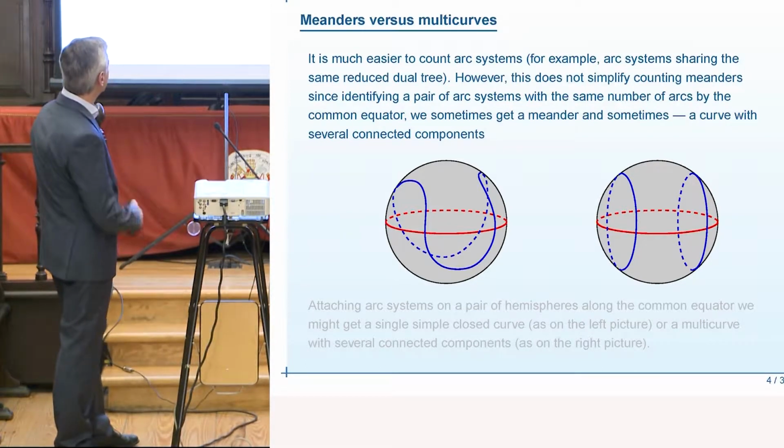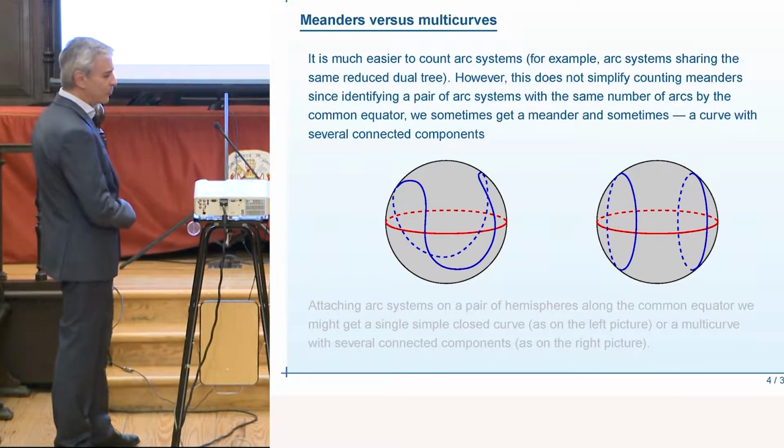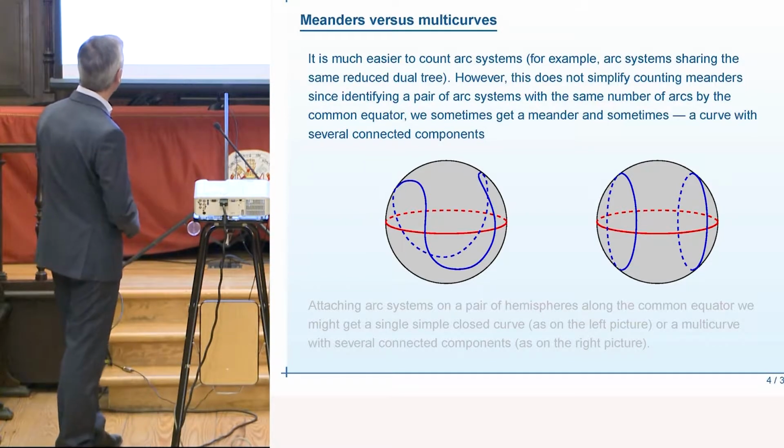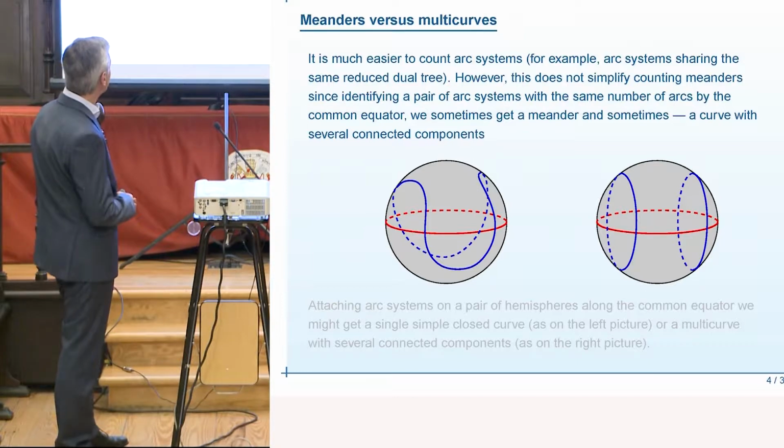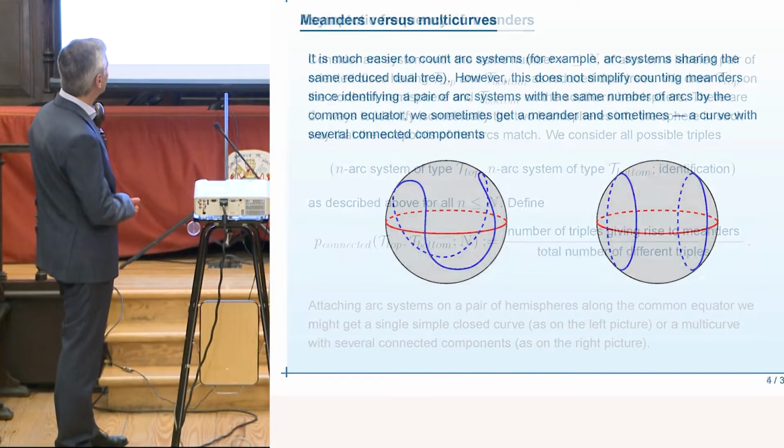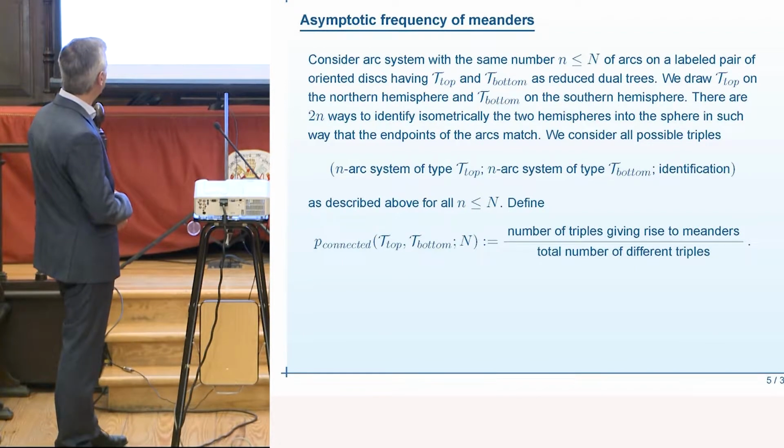So let us discuss first the following thing. Let us impose some restrictions, on the number of arcs. Let's fix these combinatorial passports, the top tree and the bottom tree, which are responsible for the meander.